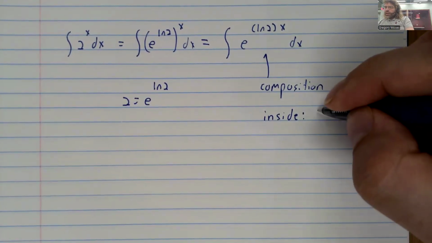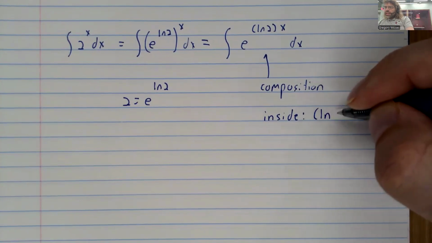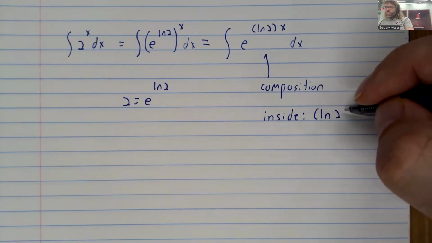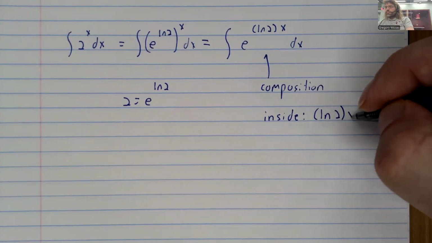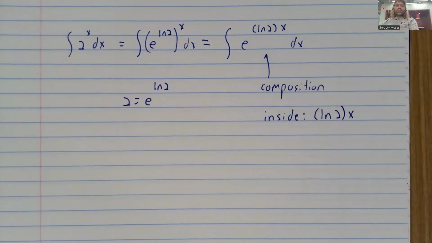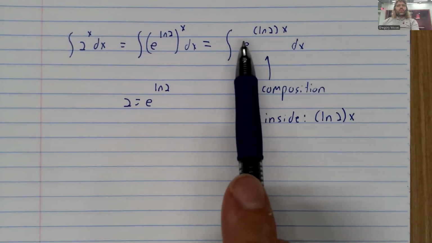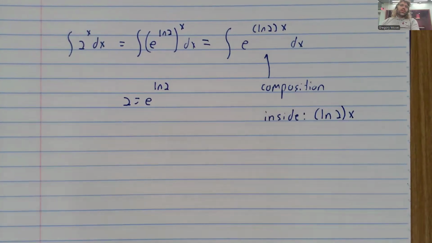Our inside function is the natural log of 2 times x. So can we integrate this? Well, as I've said before, we don't have an integral version of the chain rule. There's no one-size-fits-all way of dealing with compositions. The only method that we know is substitution.